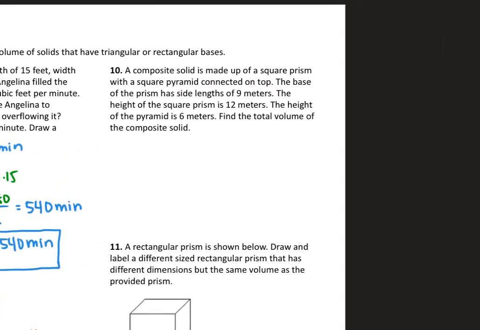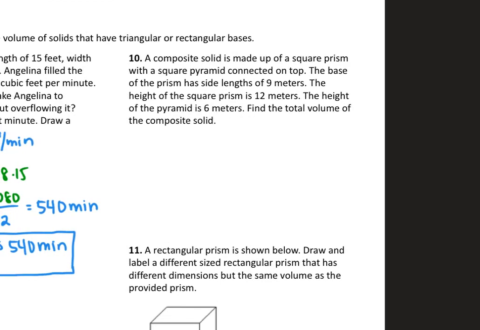All right, the next problem, it says a composite solid is made up of a square prism with a square pyramid connected on top. So I'm going to sketch a picture of this. So the bottom is a square prism, which basically just means a rectangular prism with a square base. And on top is a pyramid, like so.